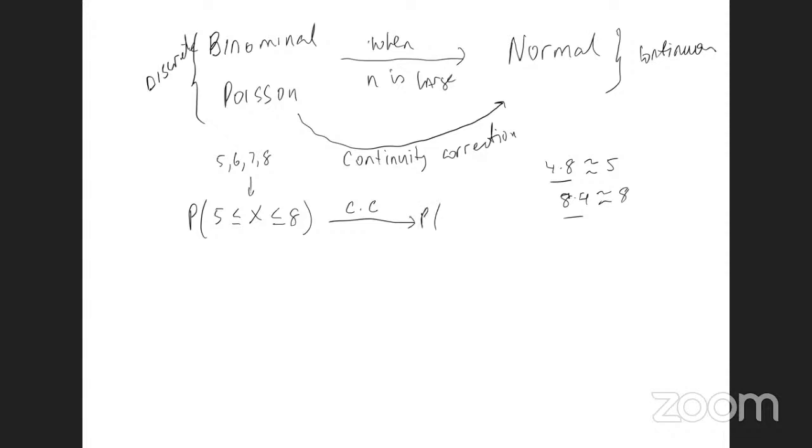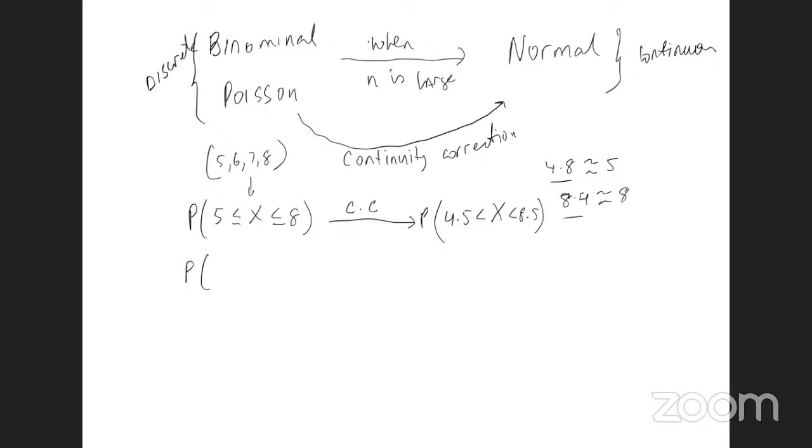So the continuity correction means we have to change the range from 5 to 8 to 4.5 to 8.5. All right, so you have to remember that. You need to cater for all the possibilities of these values if they were discrete.